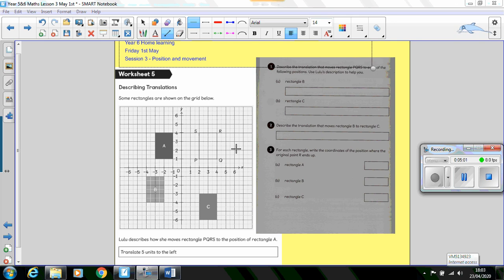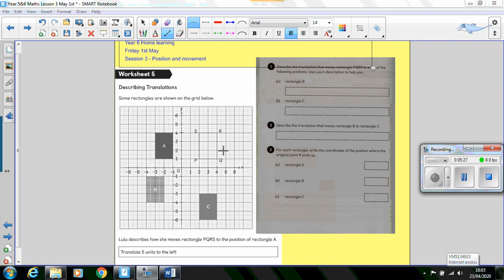Finally today, we've got the worksheet from the Maths No Problem book. And it asks us to think about what Lulu's done here when she describes how she moves her rectangle PQRS to the position of rectangle A. So here is the rectangle P, Q, R and S, and she has picked it up and moved it over here without changing it at all.